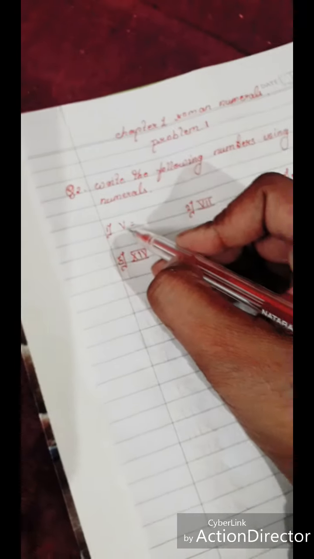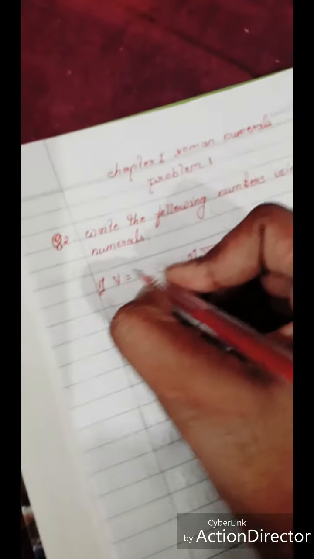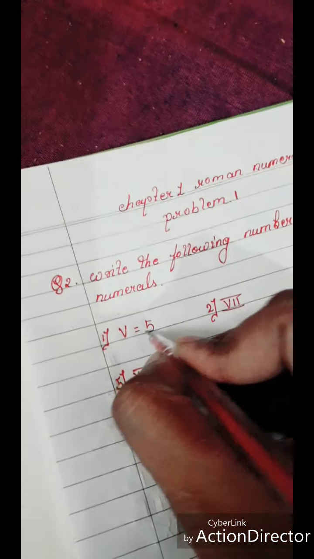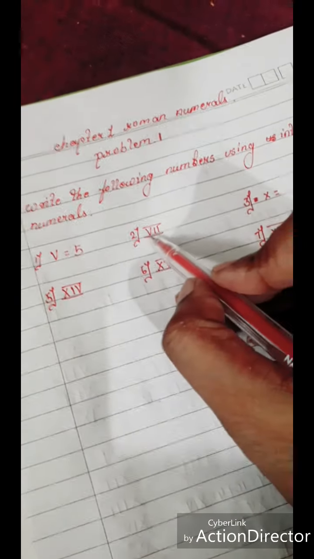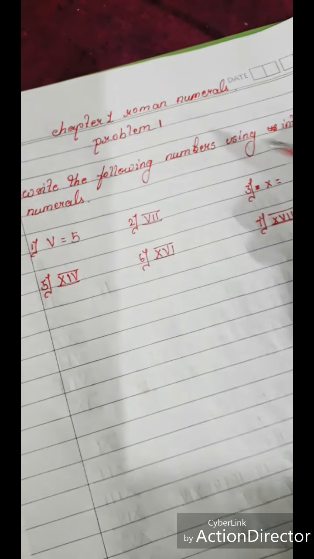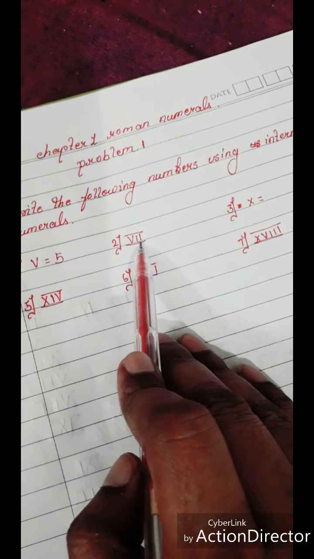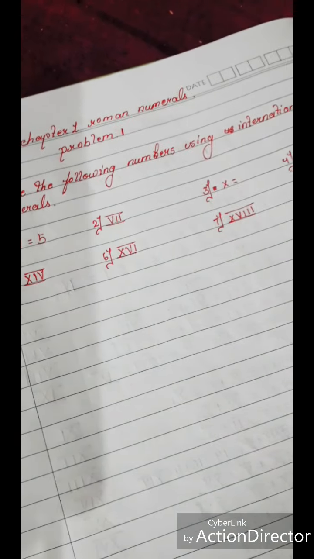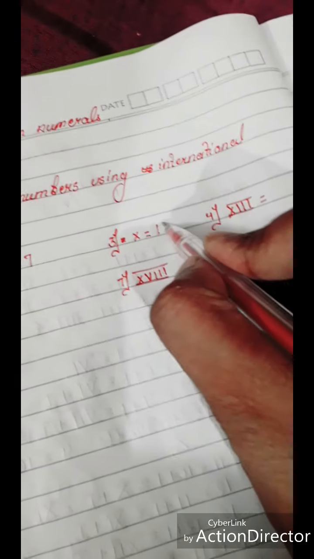First of all, we'll see V. As we know, V is very simple, we can write in international number as 5. Now VII: V means 5, 2 I's are going to be added to 5. 5 plus 2 will become 7. X we can write 10, simple.